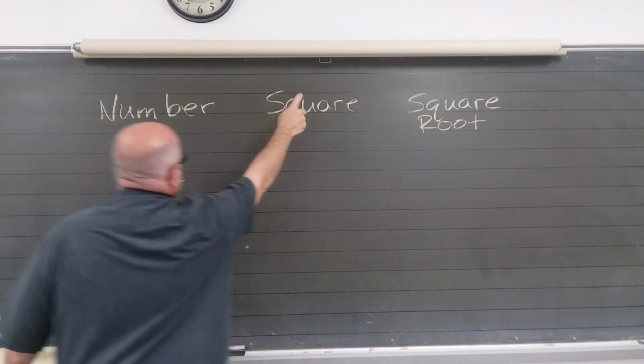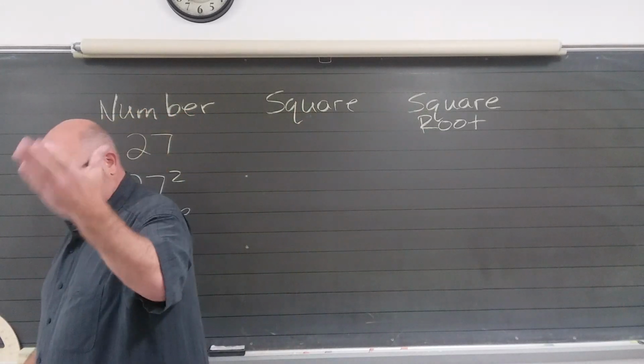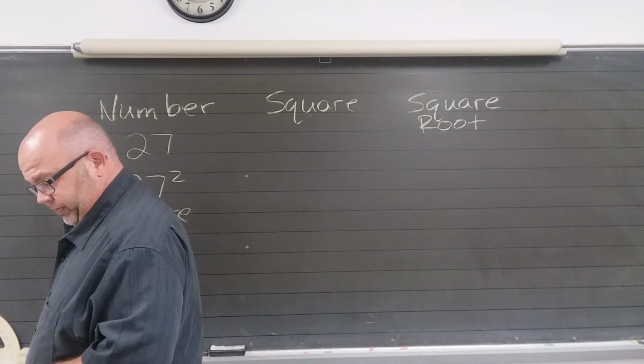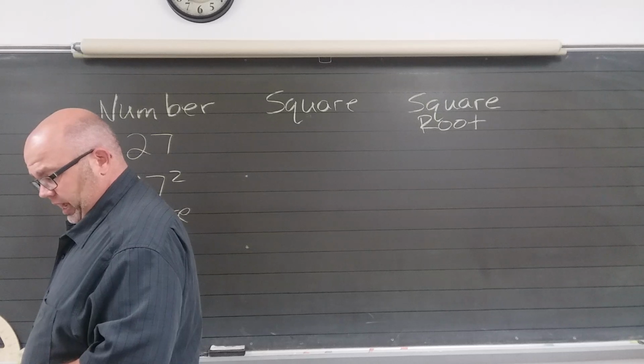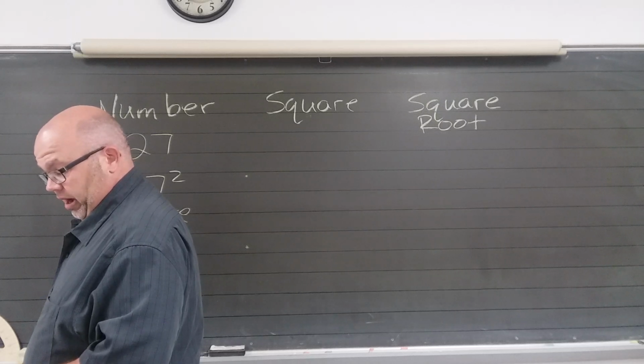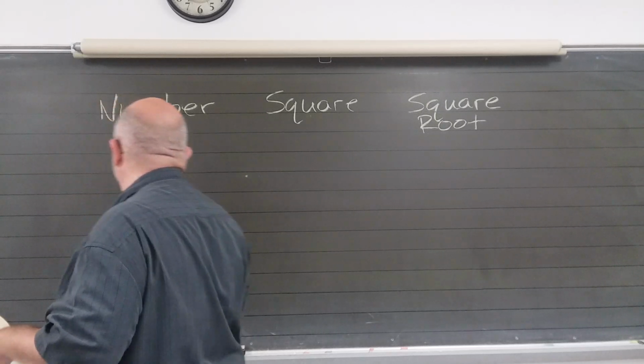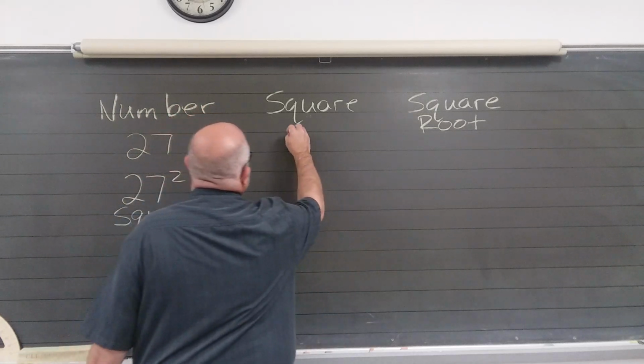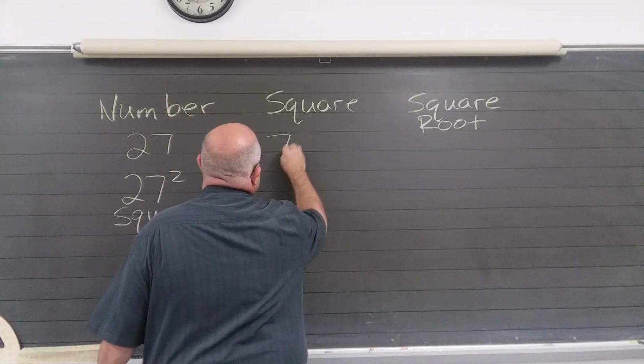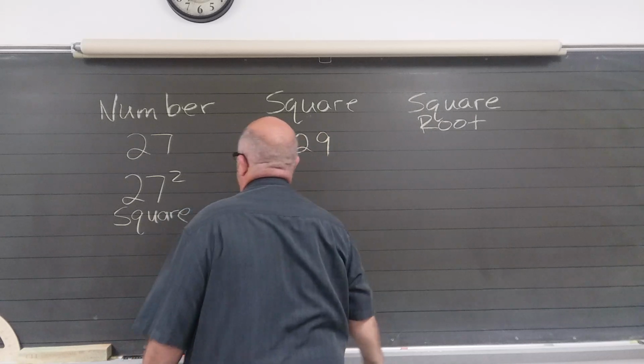So you look at the square column, go to 27, and it is 729. So your answer for 27 with a little 2, that is asking for the square, 729.